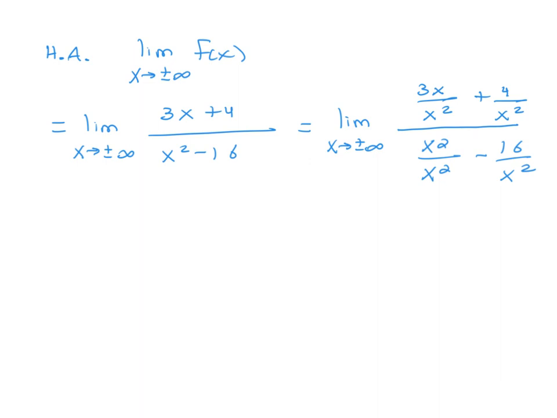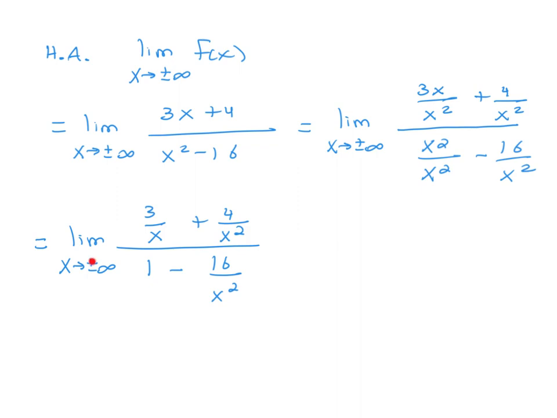Now I'll simplify. This is going to be equal to 1. Nothing cancels here or here, and I can cancel one factor of x over here. So this limit becomes the limit as x goes to plus or minus infinity of, so this is really 3 over x plus 4 over x squared divided by 1 minus 16 over x squared.